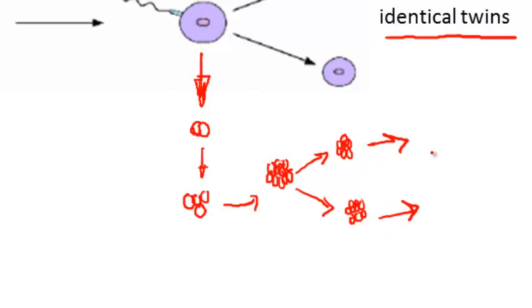So this would end up becoming two embryos or two babies who are identical. They're identical because they have the exact same DNA, because they all originated from the same cell with the same genetic information, made up from a combination of the 23 chromosomes in the sperm cell and the 23 chromosomes in the egg cell. That's basically how you get identical twins.